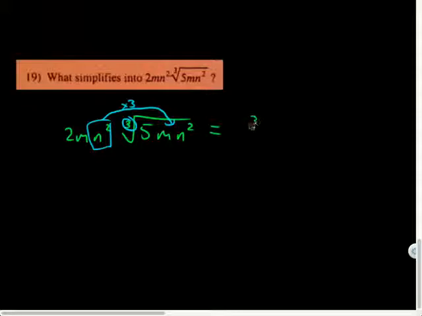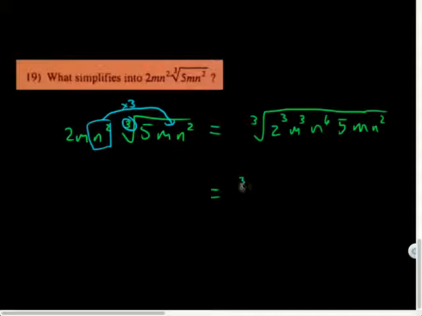Okay, so I'm going to have a cubed root. Maybe I shouldn't have started with the n. But I'm raising these exponents to 3's in order to fit them inside. So I'll have 2 to the third, m to the third, and n to the 2 times 3, which is 6, right? And then I've still got these other guys hanging out because they were all hanging out in here first. They're like, hey, welcome back to the party, friends. It's never going to be the same.